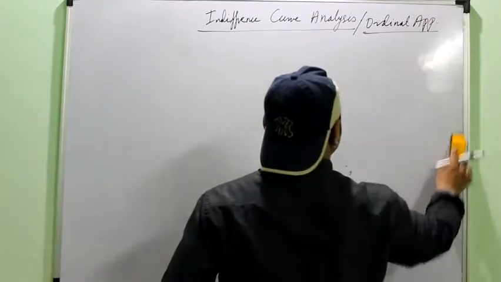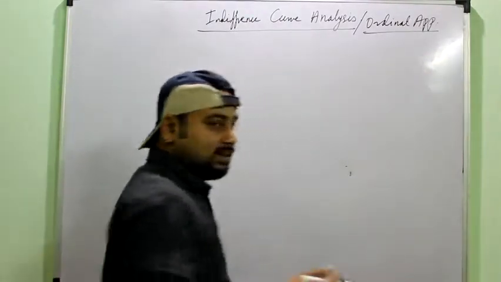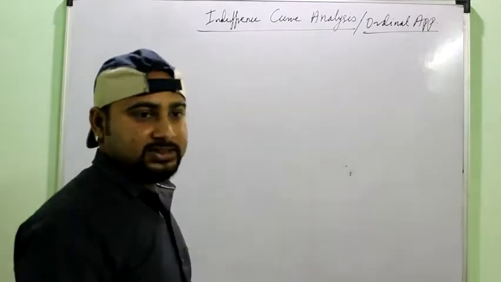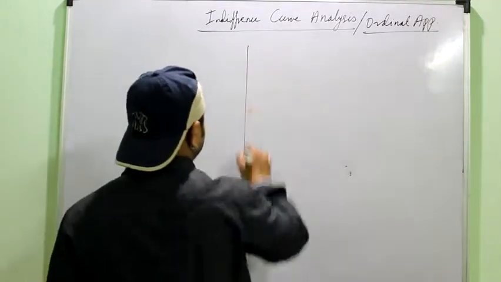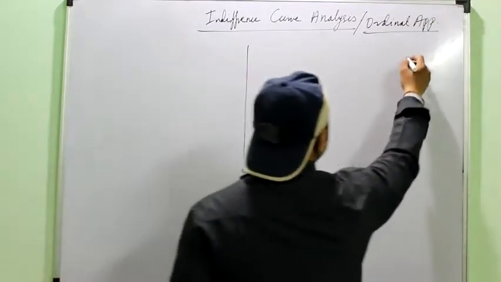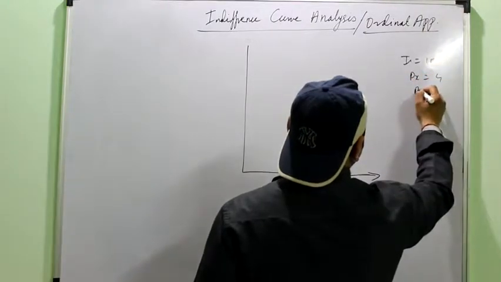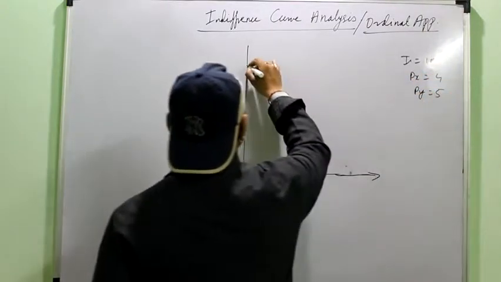Remember that the budget line can shift if the consumer's income or the prices of the two goods are changing, right? For example, I just let you know one small example. Say the income of a consumer is 100, same we take. Price of X was 4 and price of Y was 5, right?